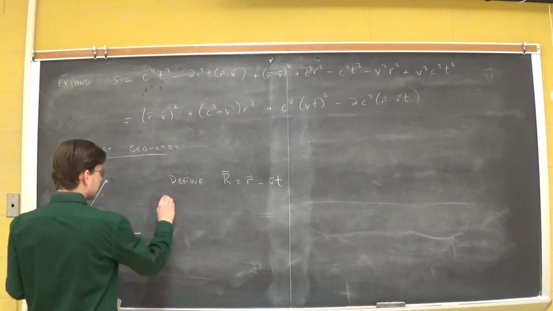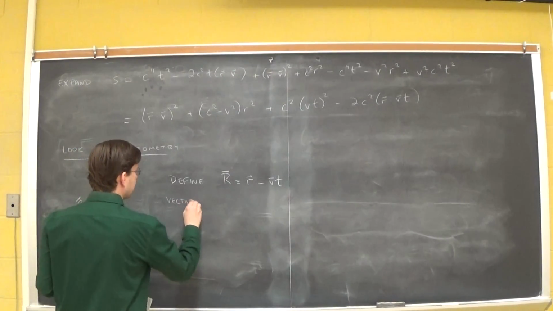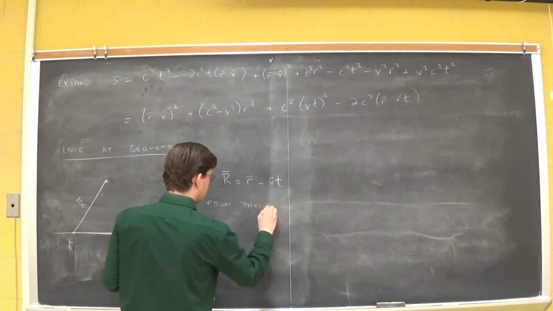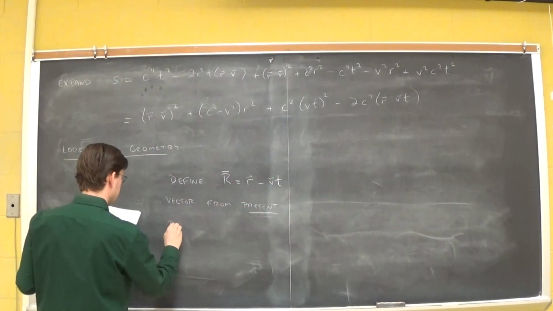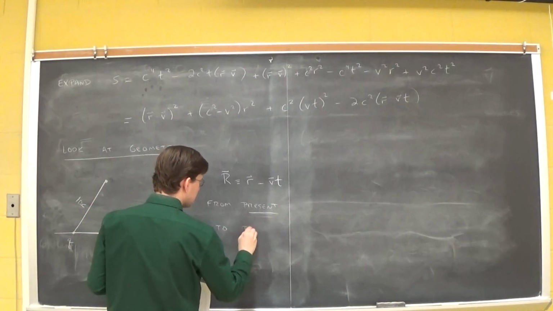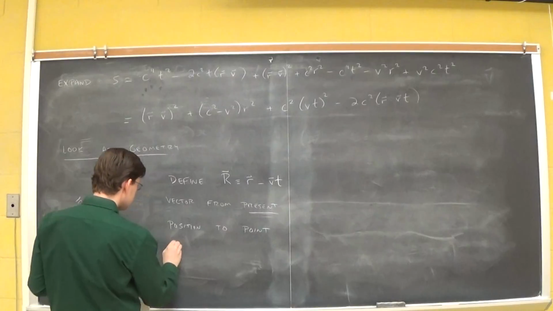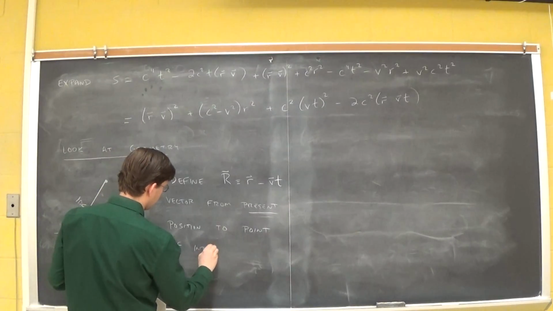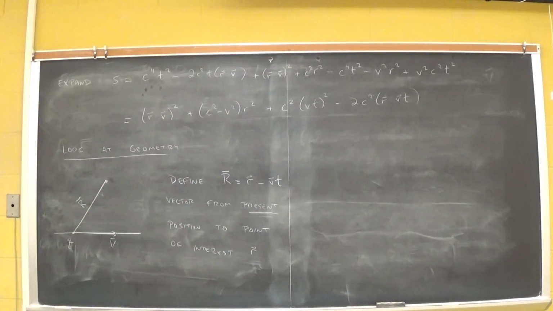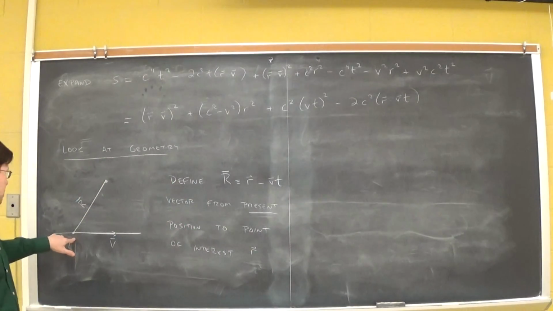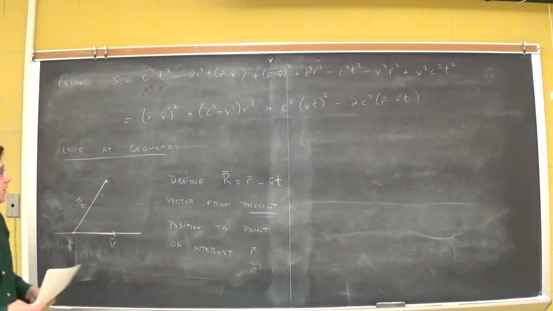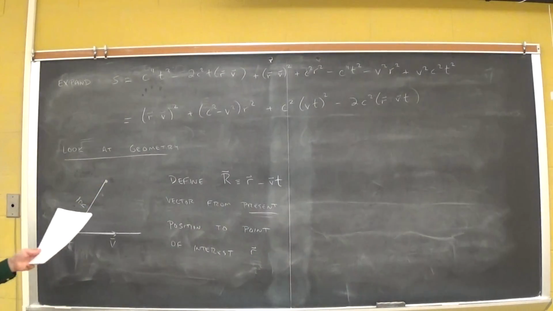This is the vector from the present position to our point of interest, which is located at the vector lowercase r. So our charge is at this position, and we're defining capital R to be lowercase r minus vt.